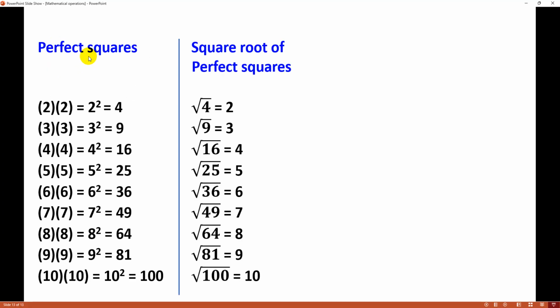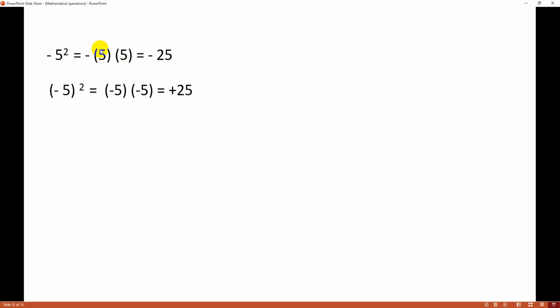So that would be negative 5 times 5, which is negative 25. That's different if you have a parenthesis here. So negative 5 in parentheses to the power of 2 would be negative 5 times negative 5, which is positive 25. So be careful, okay? If they put a parenthesis, it is different than if they don't. In one case, the result is negative, and in the other case, the result is positive.